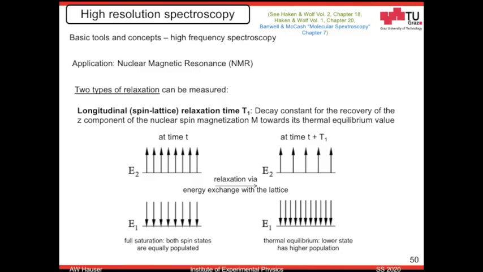So at first, let's assume we have arrived at an equal distribution where both states, the E1 and E2, are same in occupation. So as many nuclear spins are up as they are down.